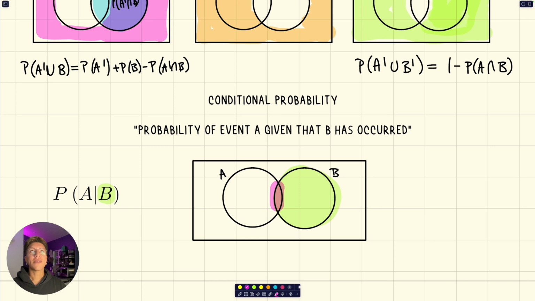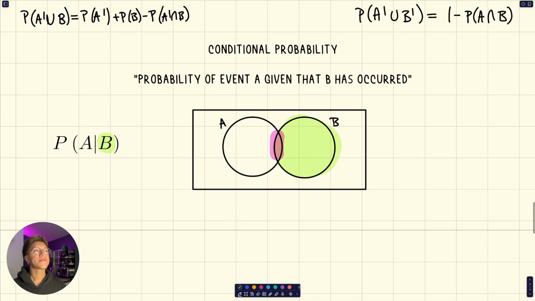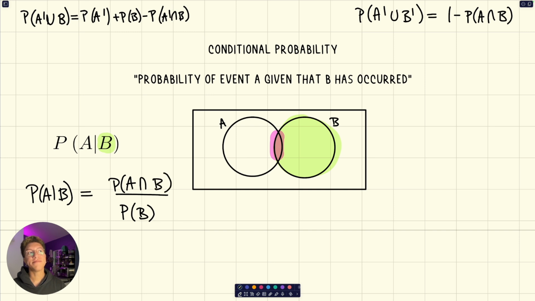And so what we're saying to find this probability of A given B is that instead of looking at the entire space, we're looking at just the part of the diagram. Again, that's the given condition. And then we're looking at the outcomes that meet the condition of A occurring, which happens to be this intersection area. So the probability of A given B is given by this formula here.